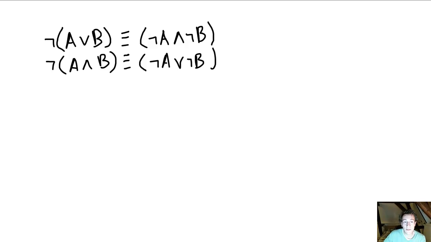Because some statements have the same truth table, we can make some handy rules. These rules, that not (A or B) has the same truth table as not A and not B, and the rule not (A and B) has the same truth table as not A or not B, are called the laws of De Morgan.